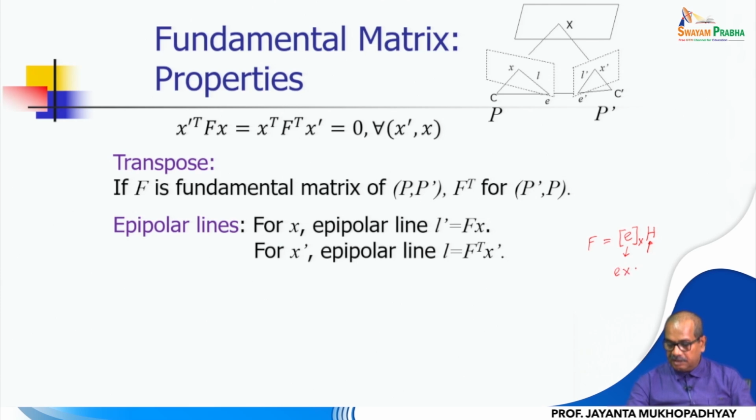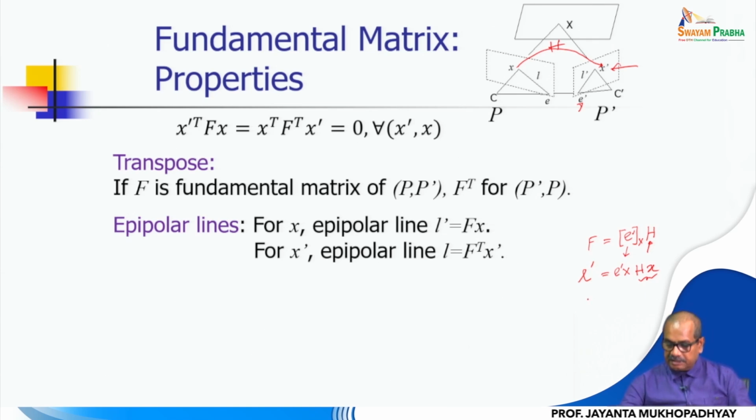This operation E cross Hx gives you L. If there is a plane-induced homography H, then with the epipole E prime, E prime cross x prime, where x prime is Hx, would give you L prime.